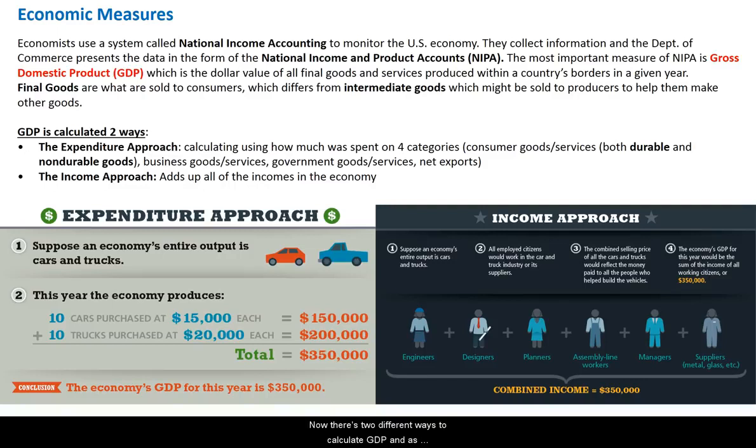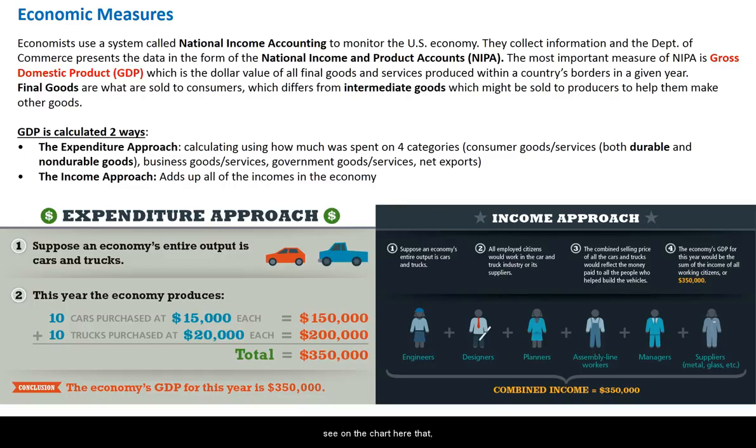Now, there are two different ways to calculate GDP, and as you can see up here, we have the expenditure approach, which looks at basically what is spent to make the product by the producers. And then you have the income approach, where we add up the incomes of everyone involved in making the various final goods within our country's borders.